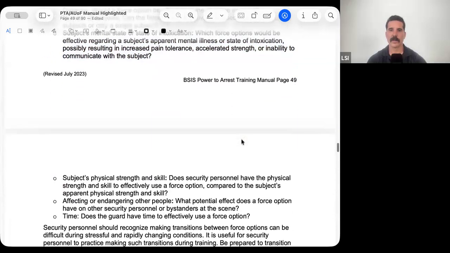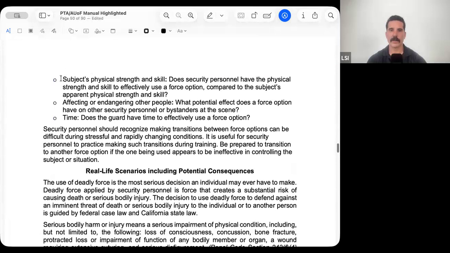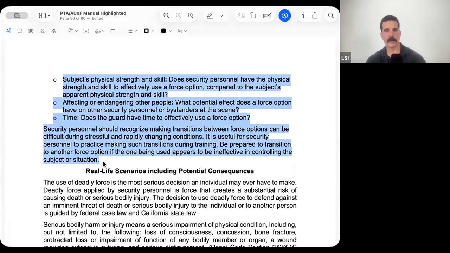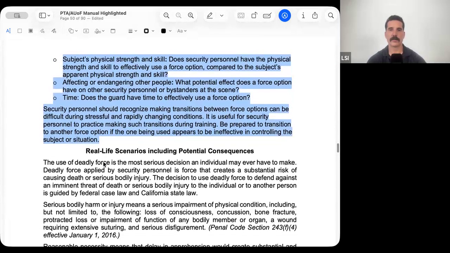All right, and it continues. Subject's physical strength and skill. Does security personnel have the physical strength and skill to effectively use a force option compared to the subject's apparent physical strength and skill? Affecting or endangering other people. What potential effect does a force option have on other security personnel or bystanders at the scene? Time.